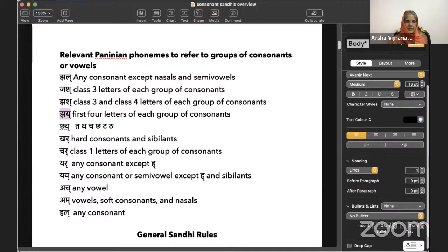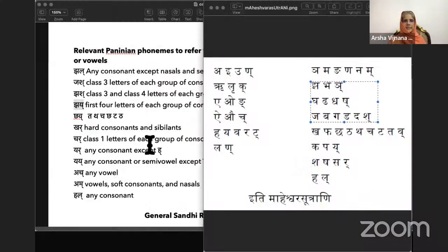Let me also share the Maheshwara Sutrani, because that is a new one which will come in the Sandhis and we can look at that. What is Jhai?